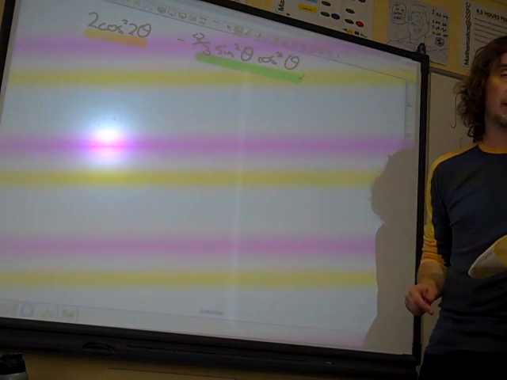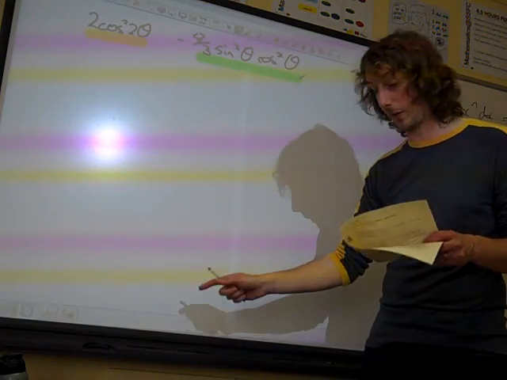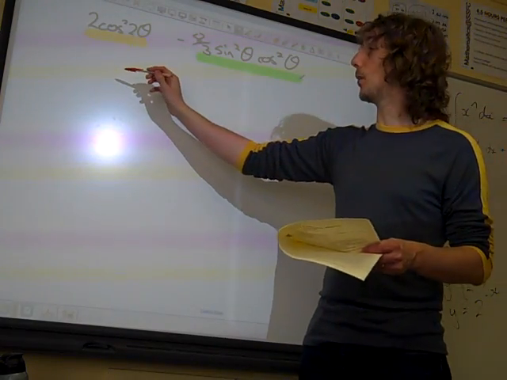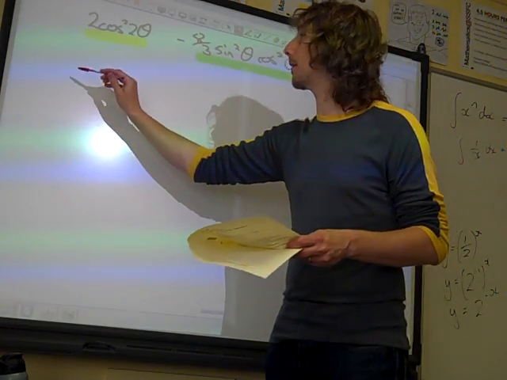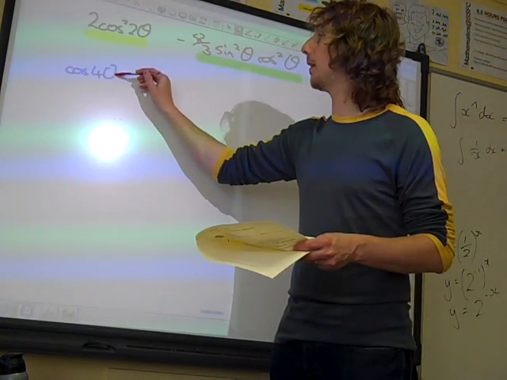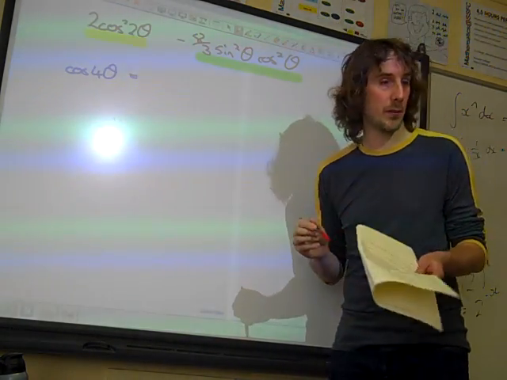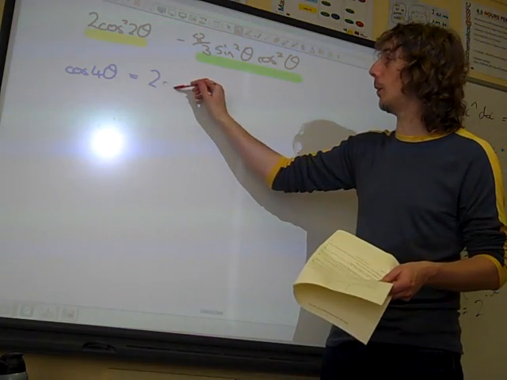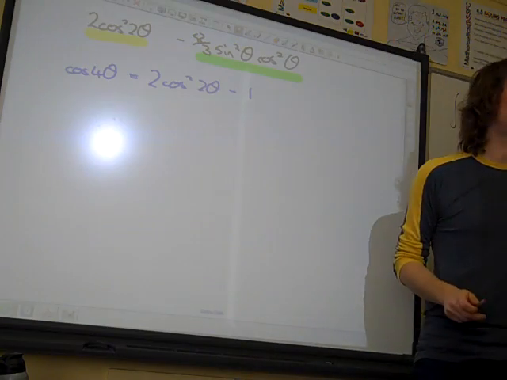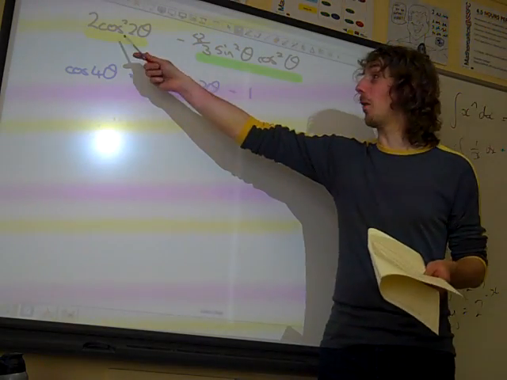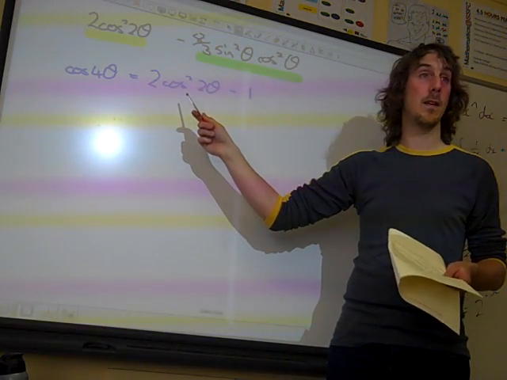Well, let's look at the first bit. We wrote this on the other side, we have the cos 2A identities, and we know that cos 4 theta is the one that we haven't used yet, says it's equal to 2 cos squared 2 theta minus 1. There's our yellow bit appearing in here.